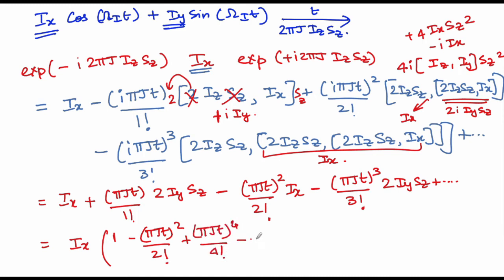Do the next term, you'll be able to understand that, plus 2 Iy Sz times pi J t minus pi J t the whole cube by 3 factorial plus and so on.